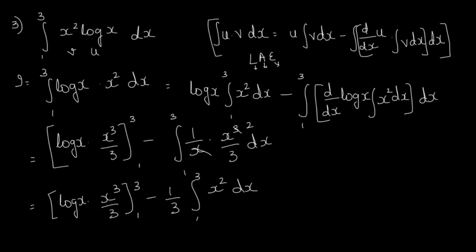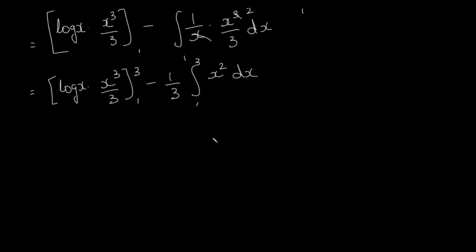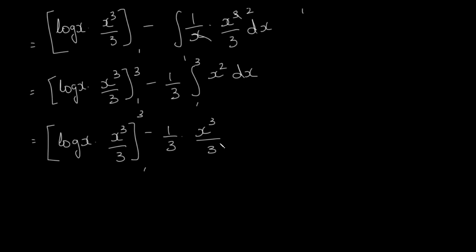Going further, we write the first term as it is, and in this case 1 upon 3, and solving the integral we get x cube upon 3 from 1 to 3.